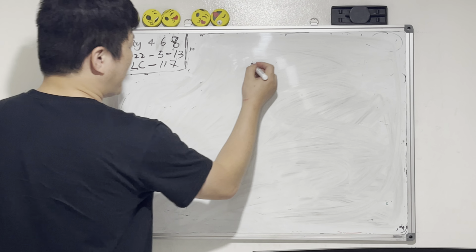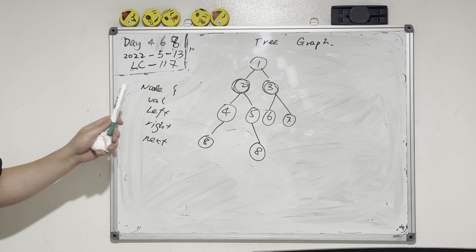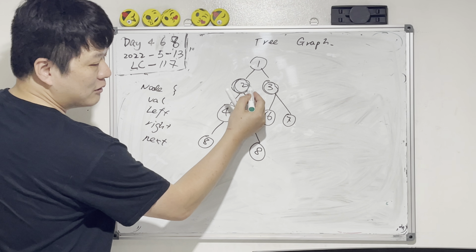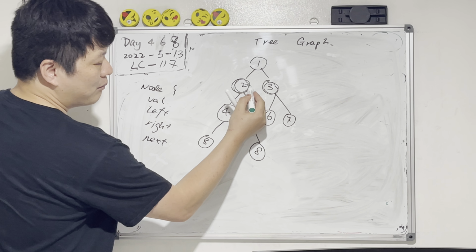Initially the next pointer will be initialized to none, and we want you to populate the binary tree so that each node points to the next one on the same level. So we want to point the node to the next on the right, on the same level.